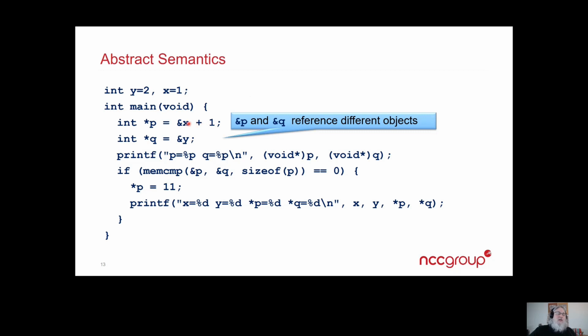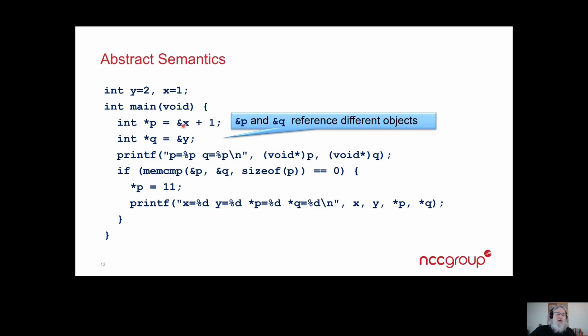It points to the next element in the array following the first element, and you can think of a scalar as a one-element array. So this pointer p is supposed to be pointing to x, although it is pointing to the one-past element, not to the actual storage for x. And q is initialized to point to y. So both of these pointers, p and q, now have provenance.